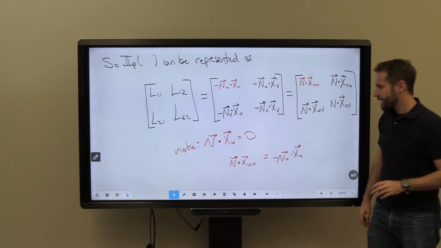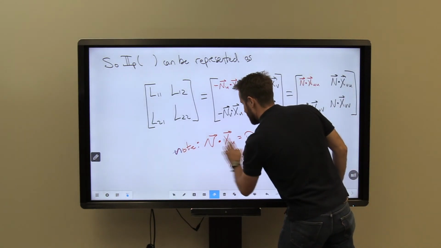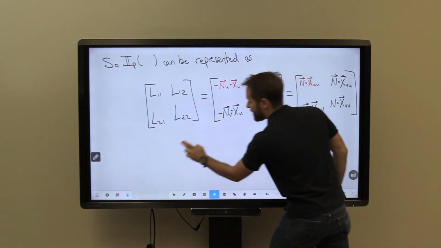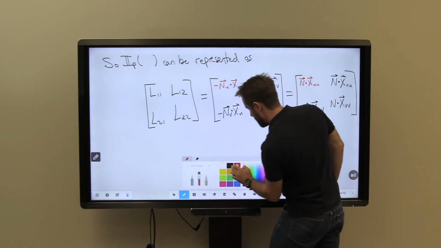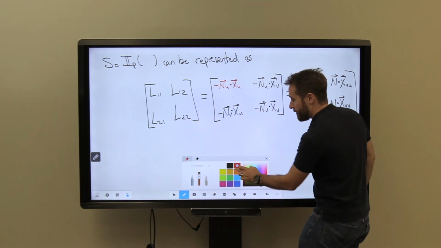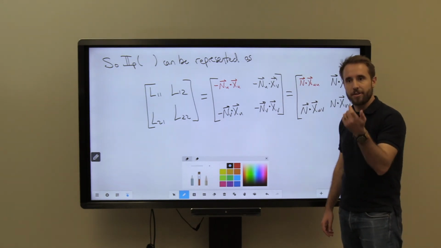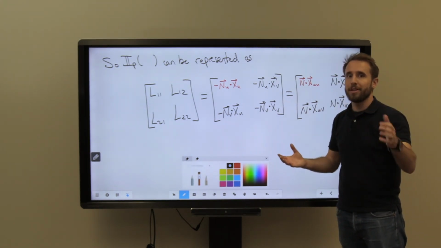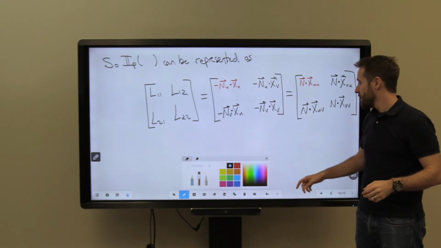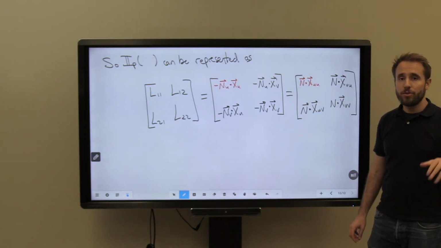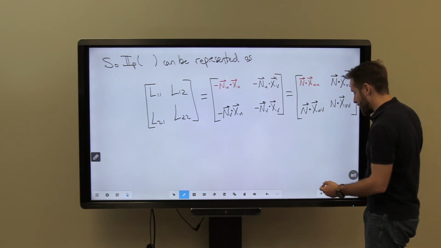The final thing I'll say is that similarly to how our first fundamental form had differing notations, it used this letter G, but it also used the capital letters E, F, and G, I just want to point out that our second fundamental form also uses different letters.